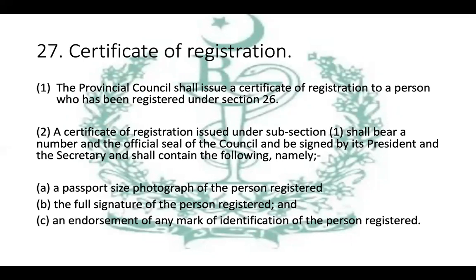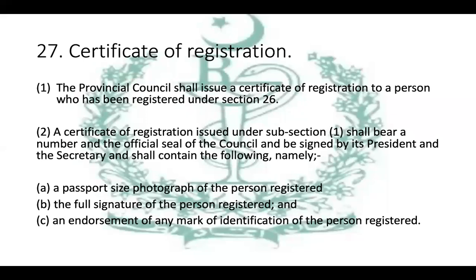The fourth thing that must be placed in that certificate, 27(2)(a), is a passport size photograph of the person registered. So a passport size photograph must be affixed. 27(2)(b) says the full signature of the person registered. Your specimen signature will be fixed there.